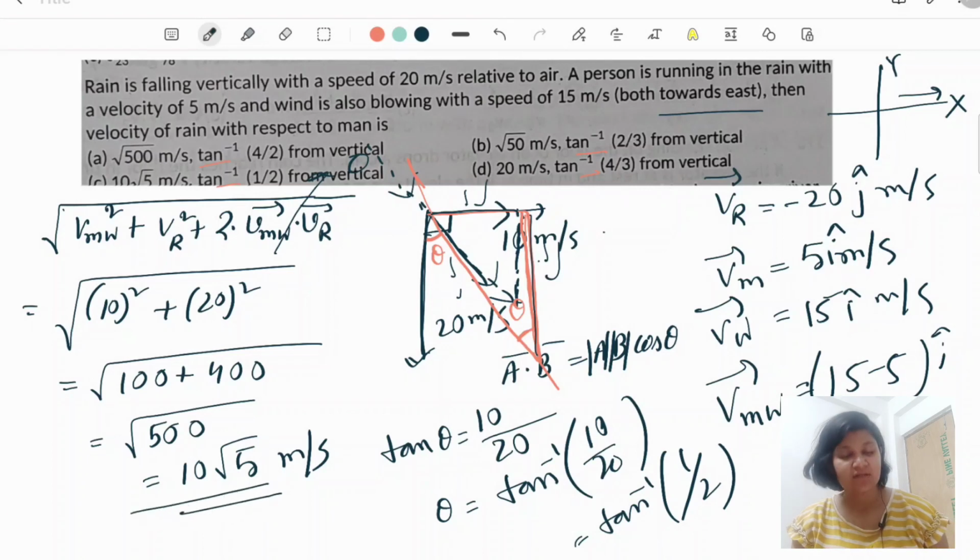So this is the value or the modulus of the resultant velocity, and the direction of the resultant velocity is given. It makes an angle theta with the vertical. In all the options it has given along with the vertical. That is why if this is making an angle theta with the vertical, that means this is also the angle theta, and this is what my triangle gives out.